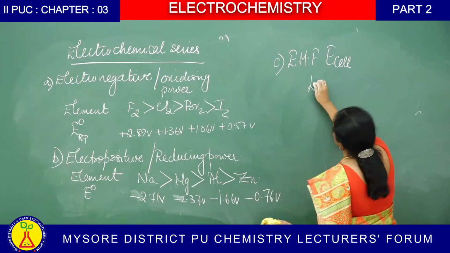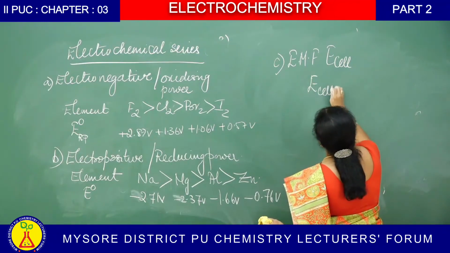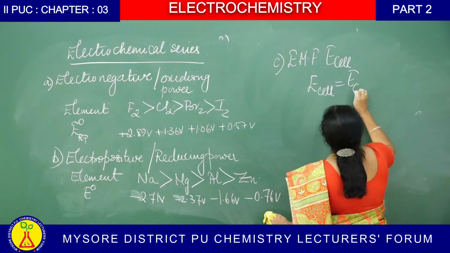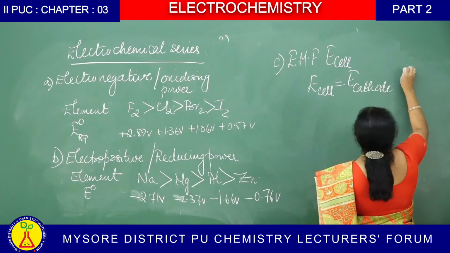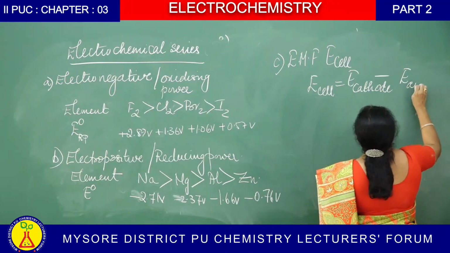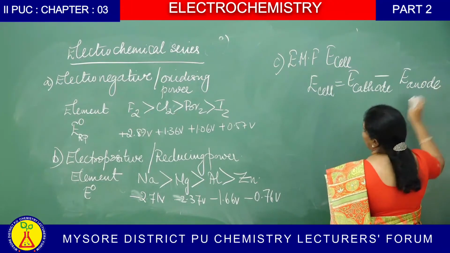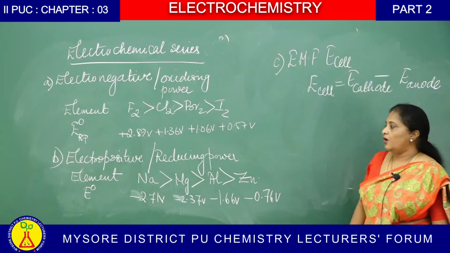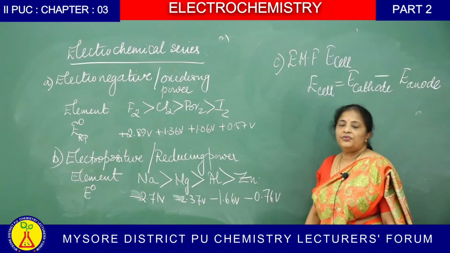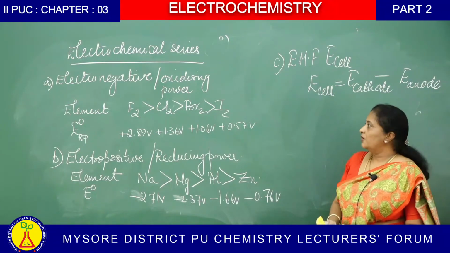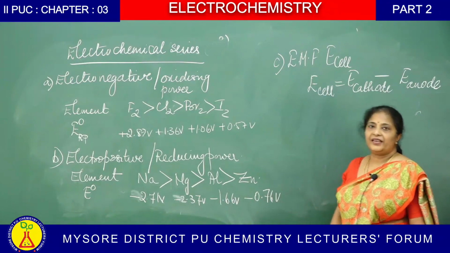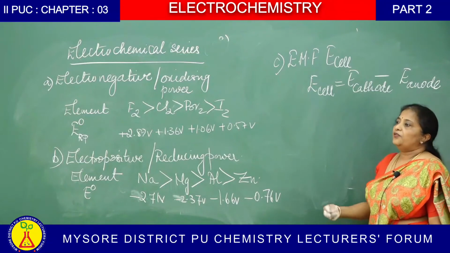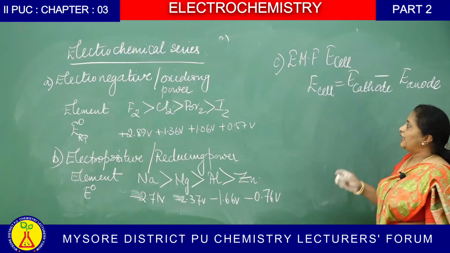Now, E cell is given by the equation E of cathode minus E of anode. So, from the E naught values, you can determine which element will act like the cathode and which metal will act like the anode.